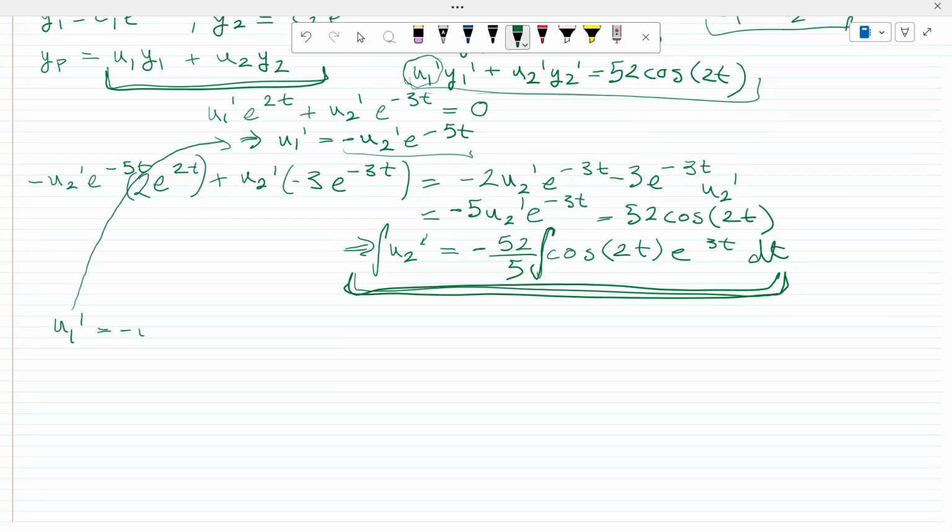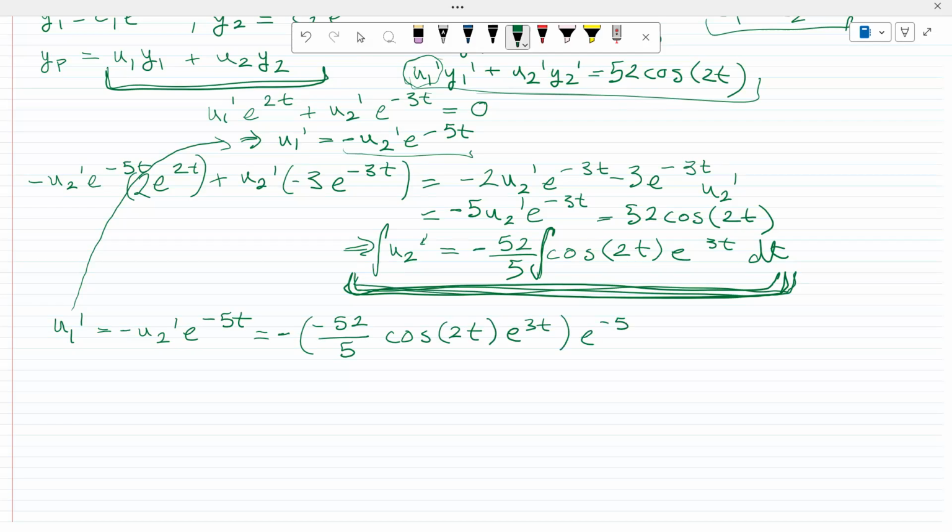So we have negative U2 prime e to the negative 5t, okay? And we already have our expression for U2 prime down here, right? So we can sub that back in to get negative 52 over 5 cosine 2t e to the 3t times e to the negative 5t.